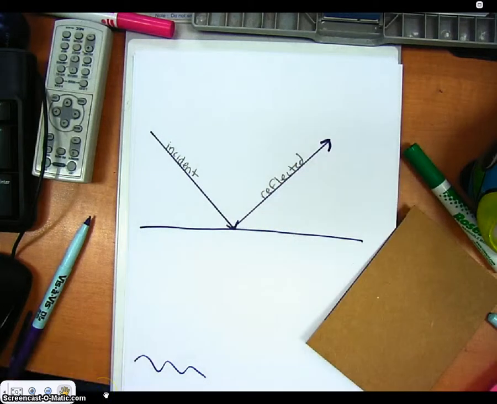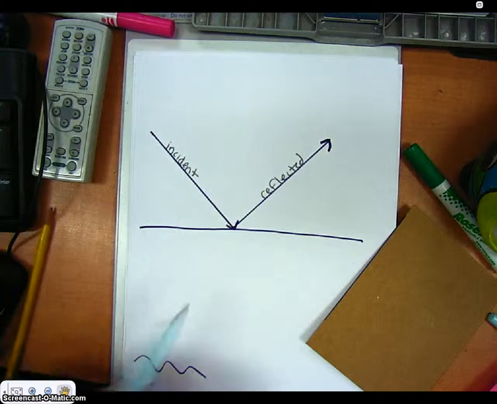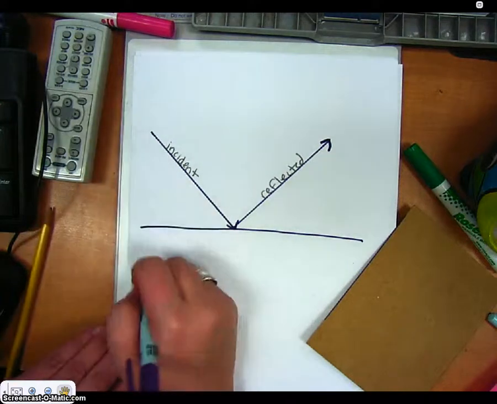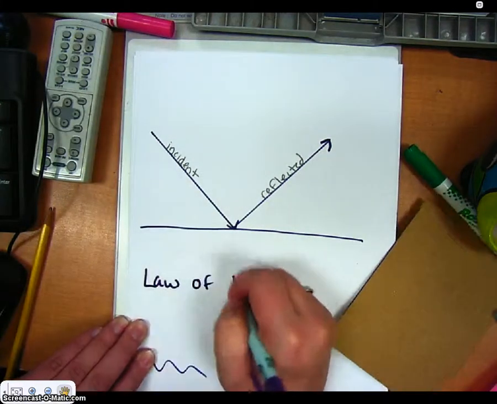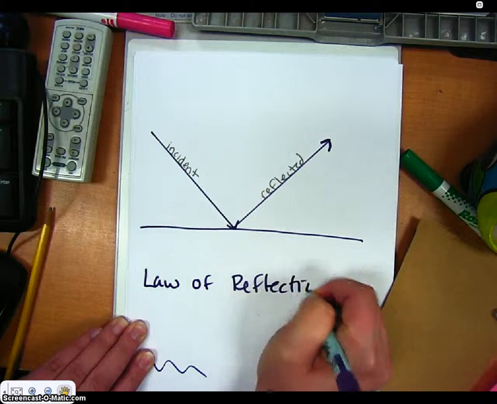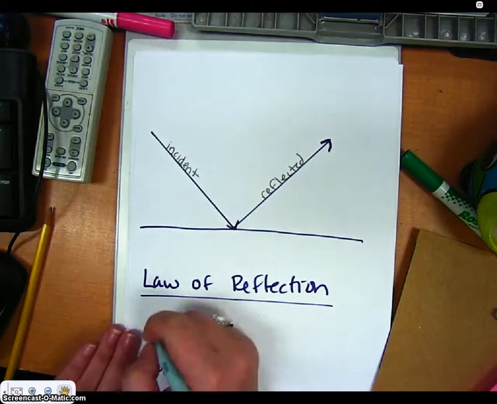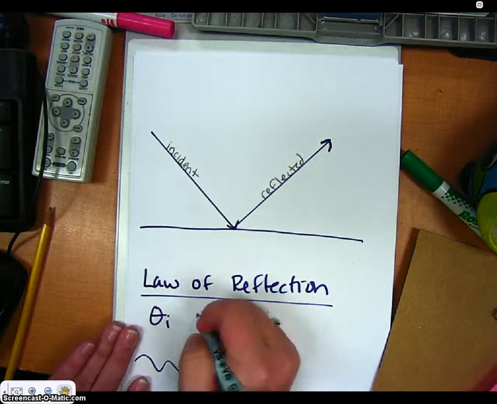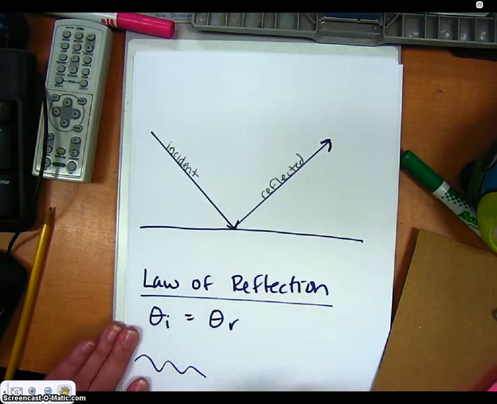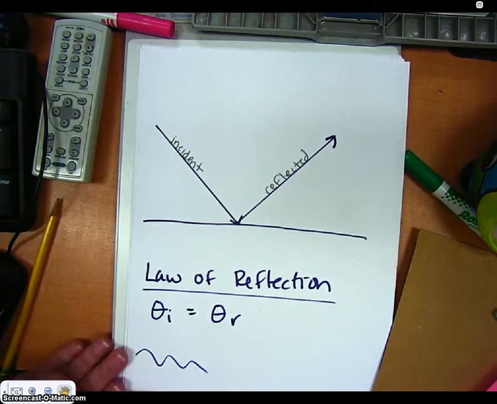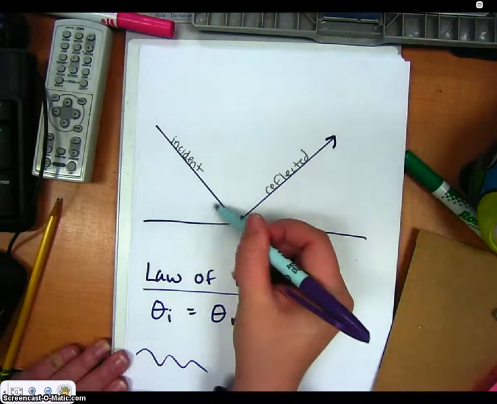Now there is something called the law of reflection, which is really simple mathematically. It is that the angle of incidence is equal to the angle of reflection. But we really need to identify what angle we're talking about, because it's not this angle.